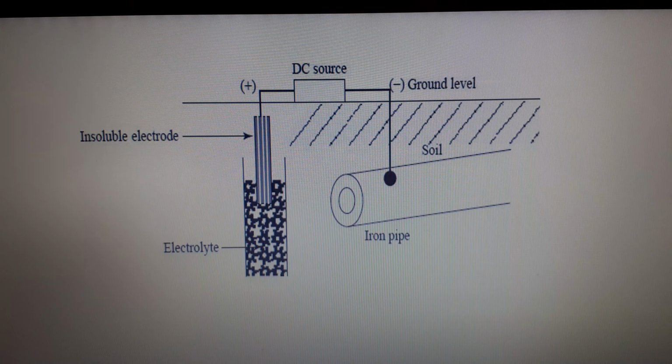The anode is usually surrounded by a backfill composed of coke breeze or gypsum, so as to increase the electrical contact with the surrounding soil. This type of cathodic protection has been applied to open water box coolers, water tanks, and buried oil or water pipelines.